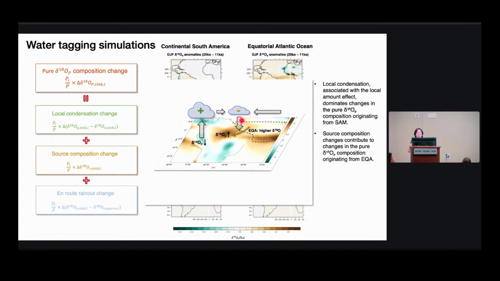On the other side, the stronger subsidence contributed to more enriched delta 18 precipitation over the central eastern Amazon and northeast Brazil. So this is more about the stronger South American summer monsoon, the local zonal circulation, and how that contributed to precipitation isotope composition.